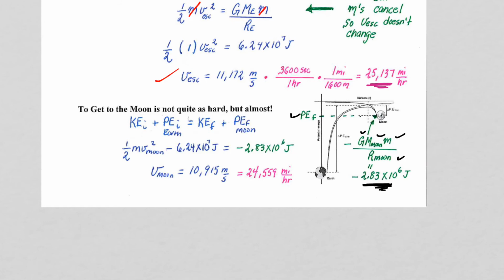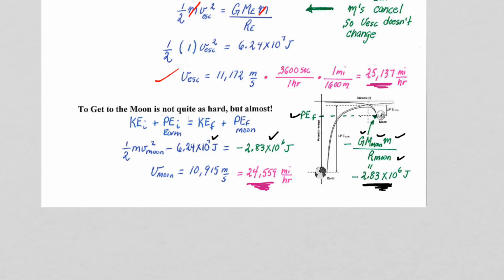So that is going to give us the final potential energy function value we need to achieve since we're not going to infinity. Our initial potential energy is, again, the potential energy at the surface of the Earth for that 1 kilogram mass. And we can see that to get to the moon, we are still at 24,559 miles per hour.